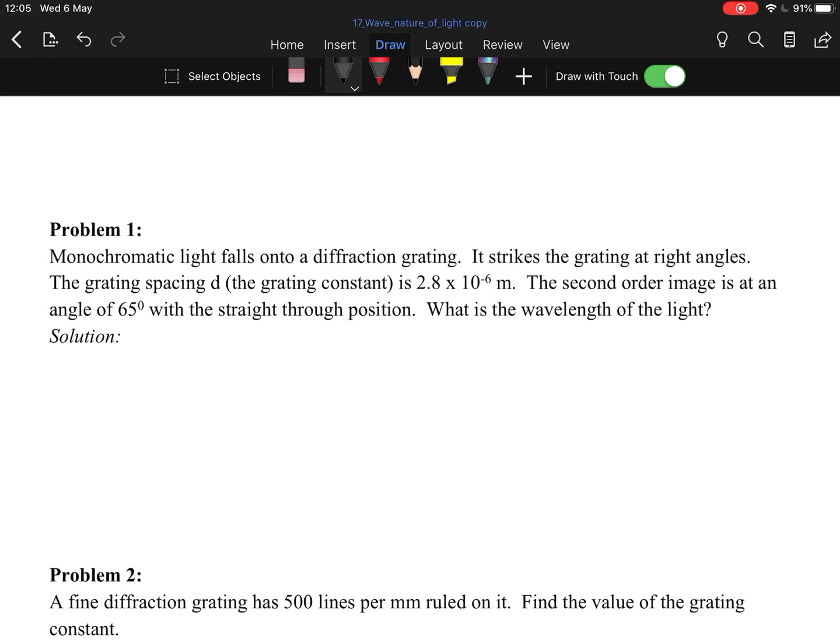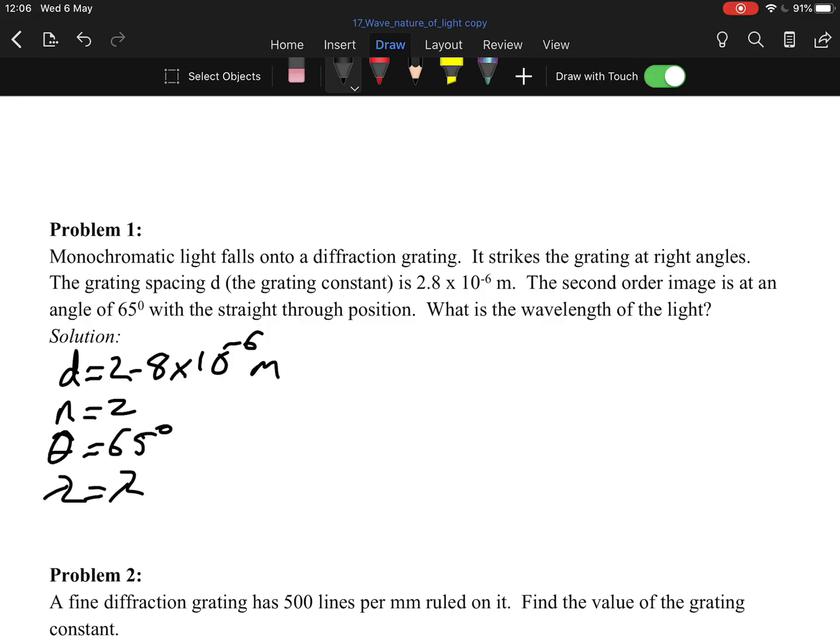Monochromatic light falls onto a diffraction grating. It strikes the grating at right angles. The grating spacing, the grating constant d, is 2.8 times 10 to the minus 6 meters. The second order image, n equals 2, is at an angle of 65 degrees. Find the wavelength. Values on the left hand side: n lambda equals d sine theta.